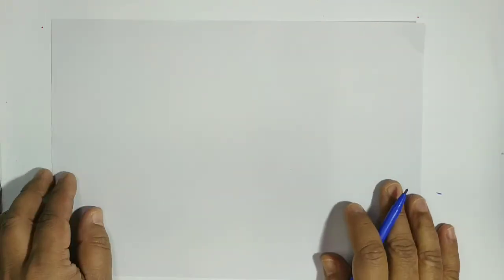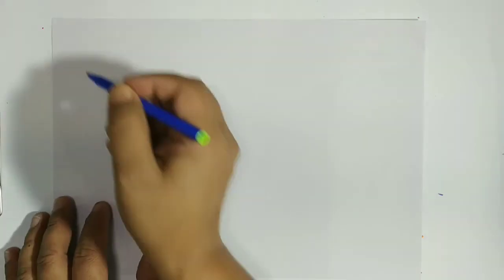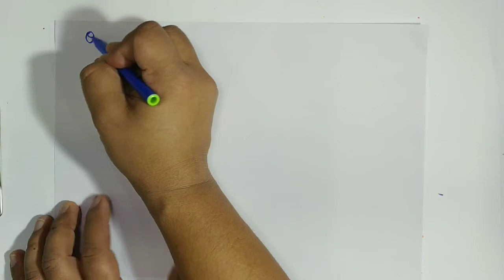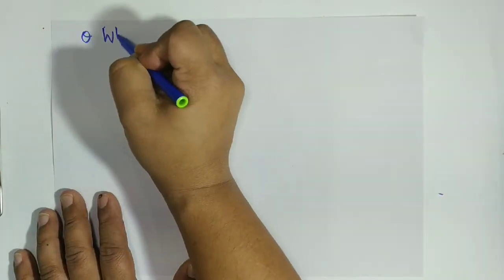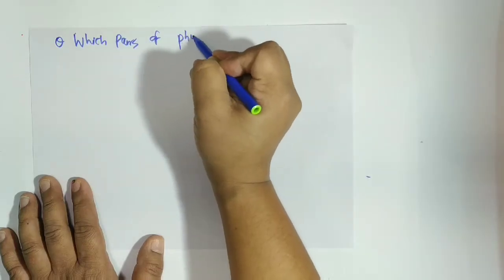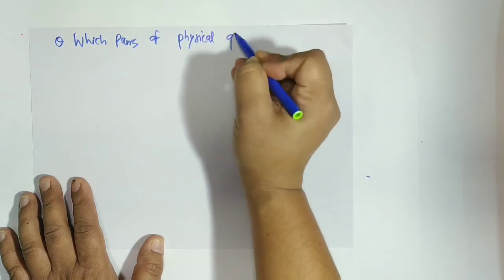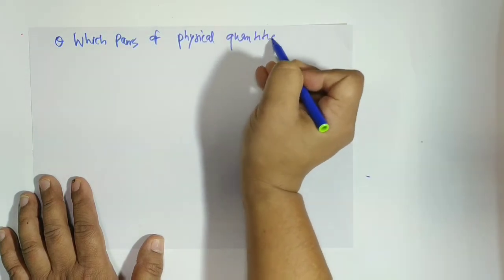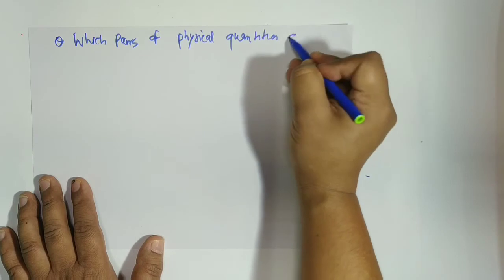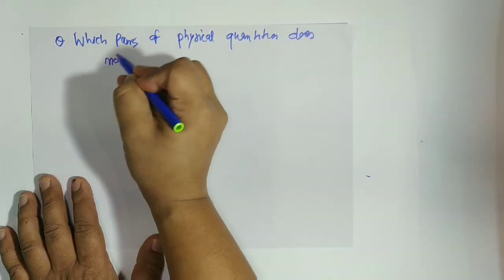There is another question in the exemplar. Which pair of physical quantities does not have the same formula?